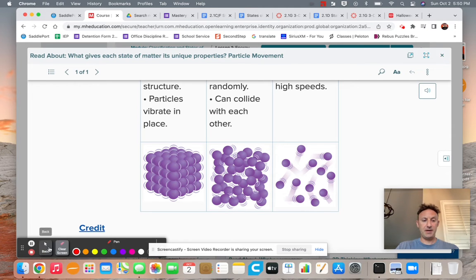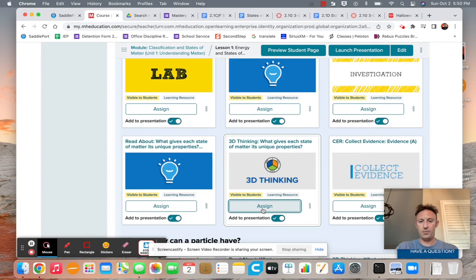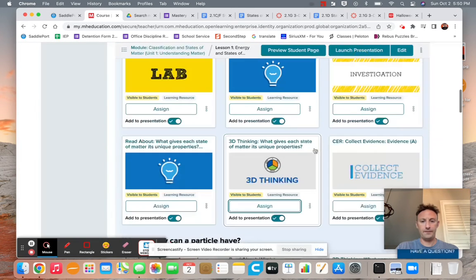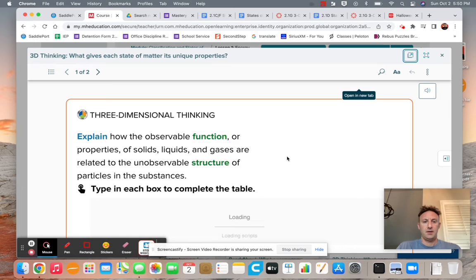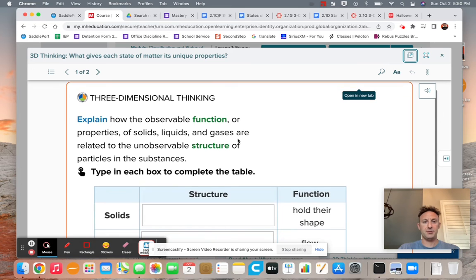Now, on your next page, I'm going to close this and open up this one here. All right, this is going to be a little bit more confusing, so I'm going to help you out for sure.